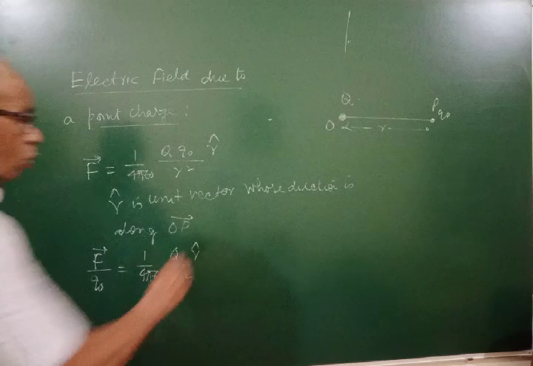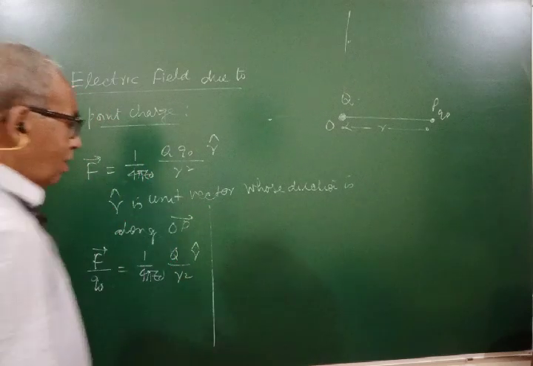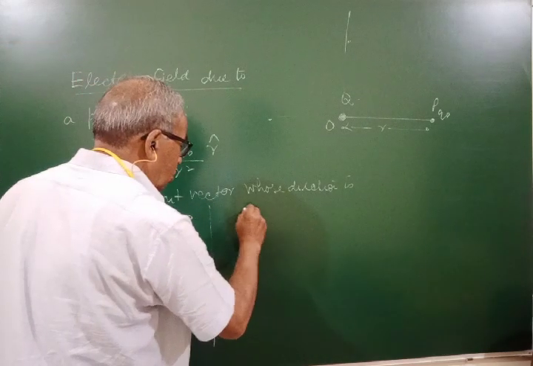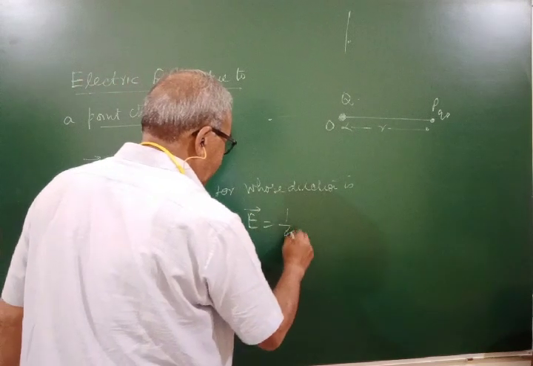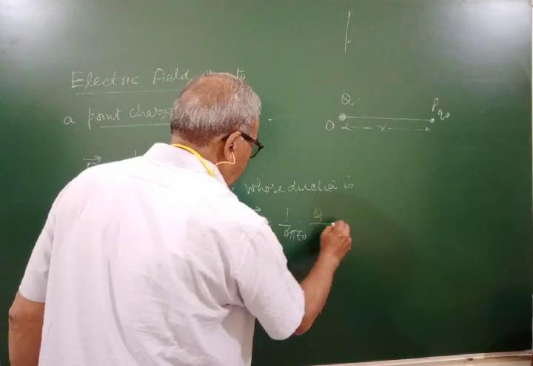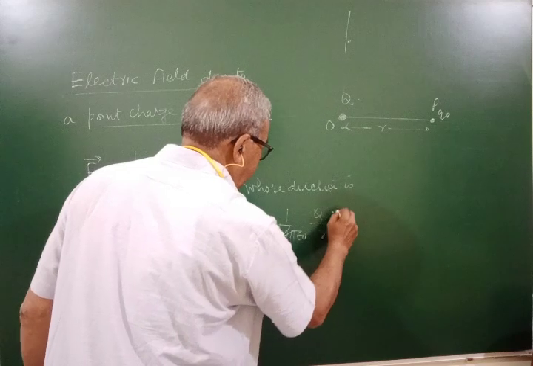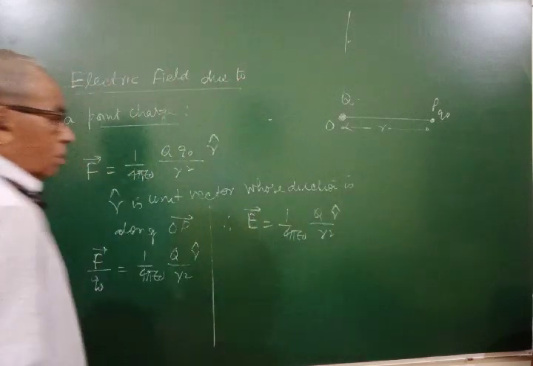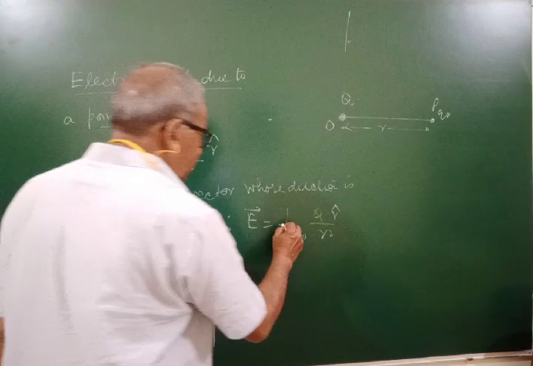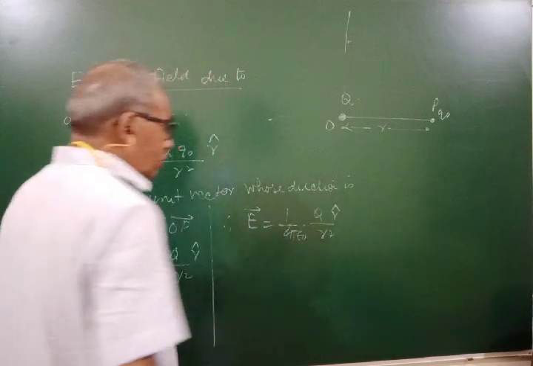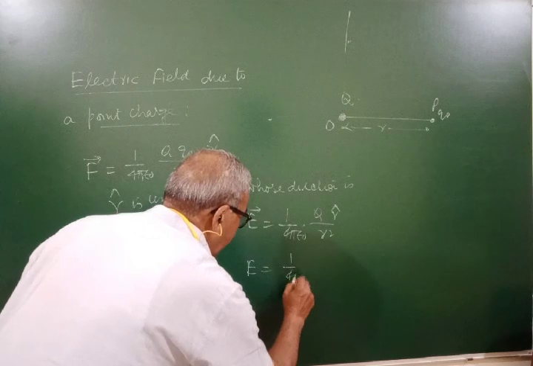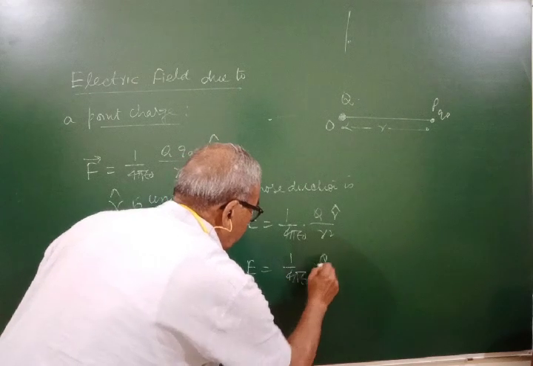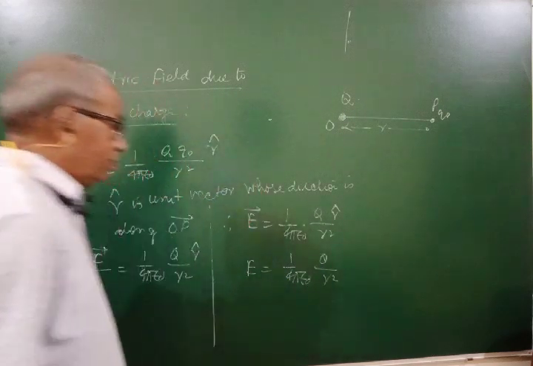F upon Q0 is defined as the electric field E. So E is equal to 1 upon 4 pi epsilon 0 Q upon r square r cap. This is the electric field due to a point charge at distance r. The magnitude of this E is 1 upon 4 pi epsilon 0 Q upon r square, only magnitude.